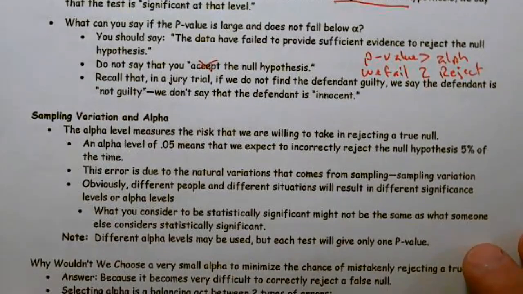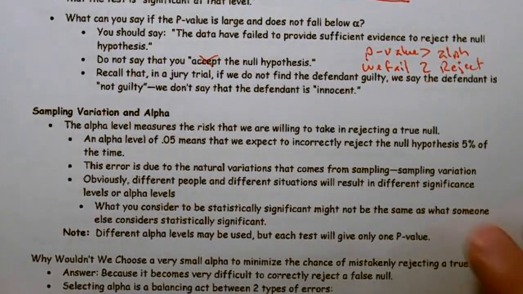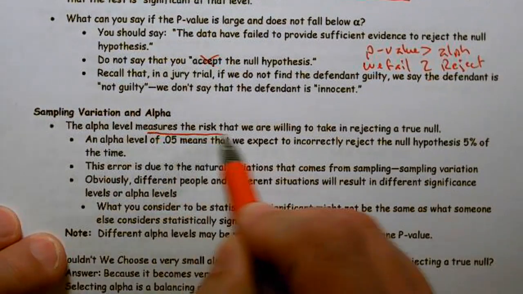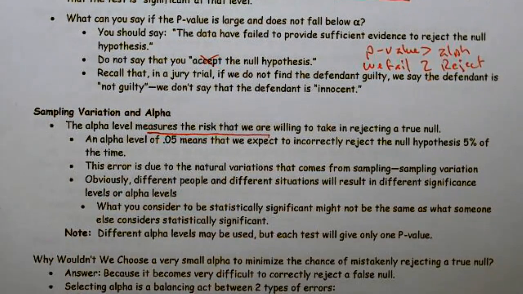Now, alpha is a measure of risk. In other words, it can happen by random chance alone that we get rare data.